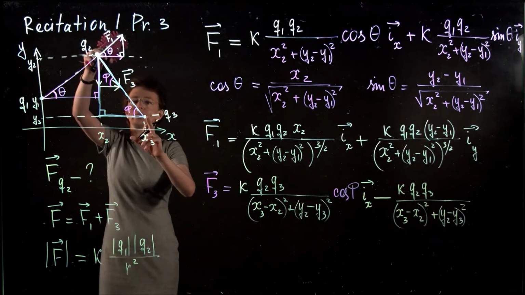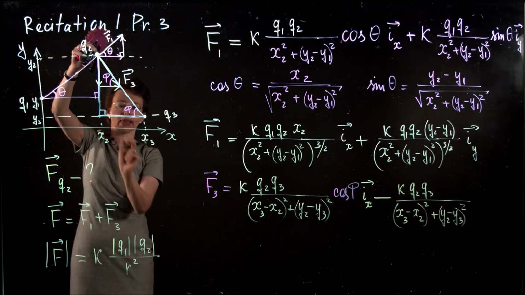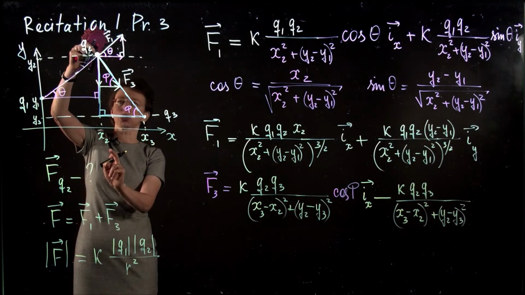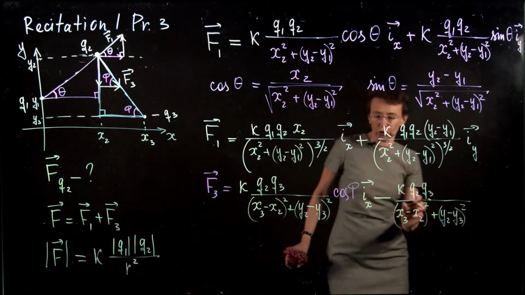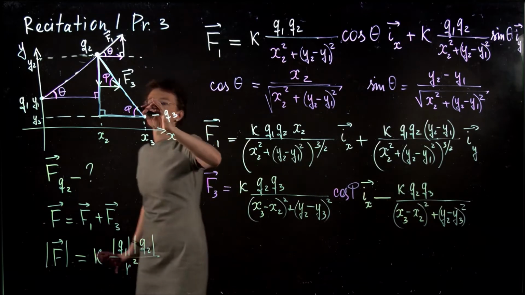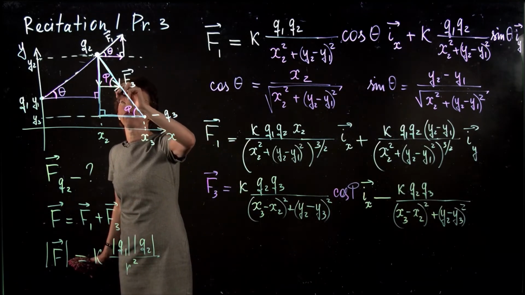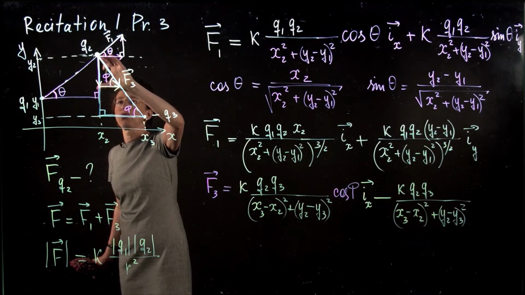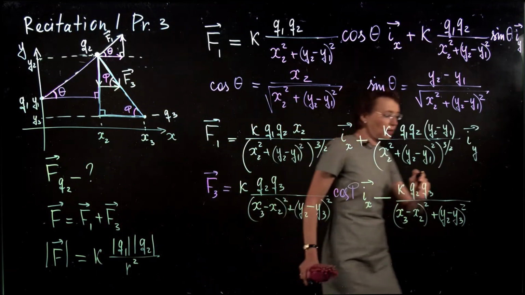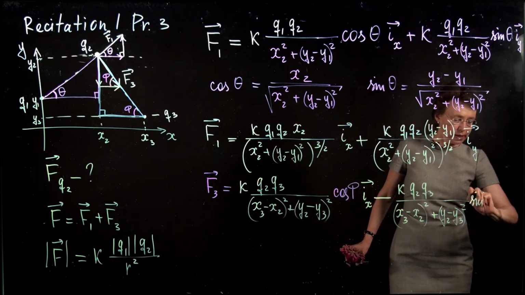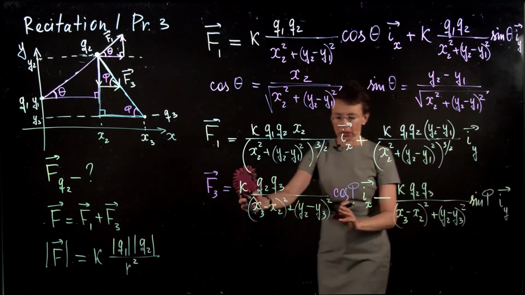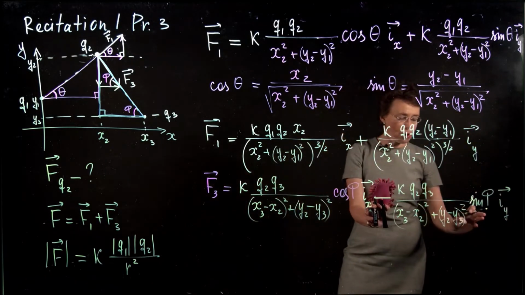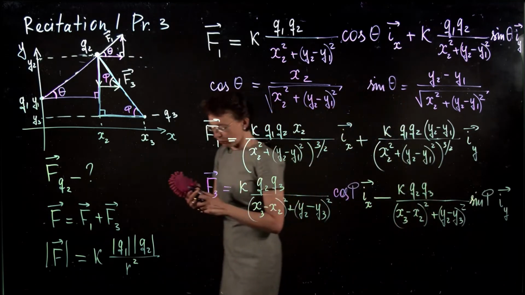So I have the distance squared, which is this leg, x3 minus x2 squared, and y2 minus y3 squared. We don't forget to multiply by sine phi, because I'm looking for this leg of the triangle, sine phi and iy. So the x component is positive and the y component is negative for F3.